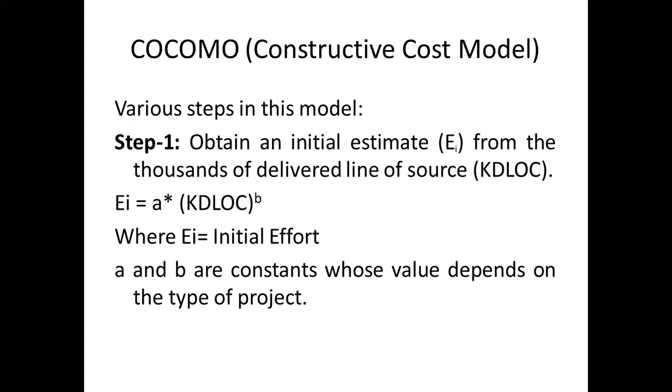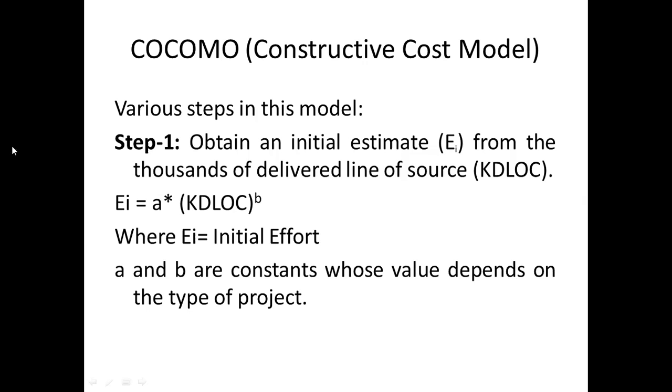Then we will first calculate or count the total number of lines. If it is in simple lines of code, we can first convert it into thousands, that is, we will divide by 1000, and we can use this standard unit KDLOC, the thousands of delivered lines of source code.